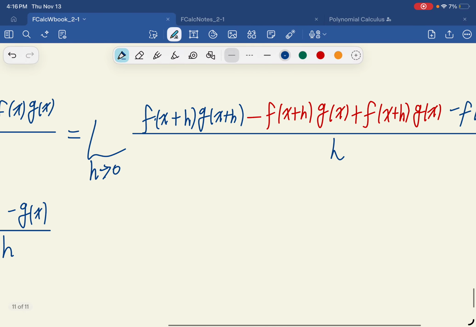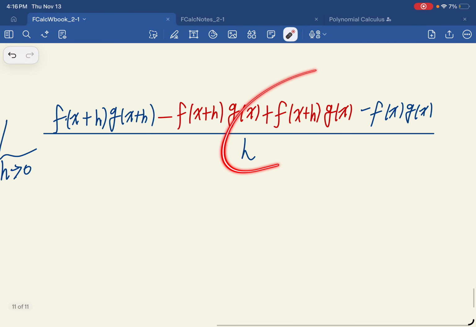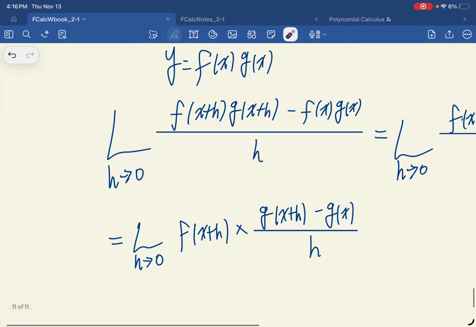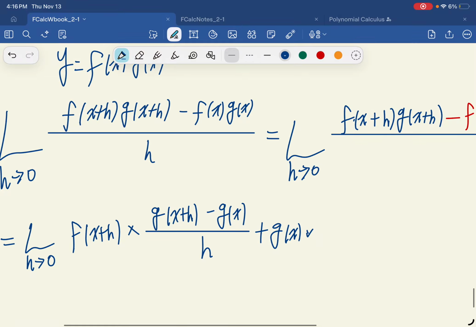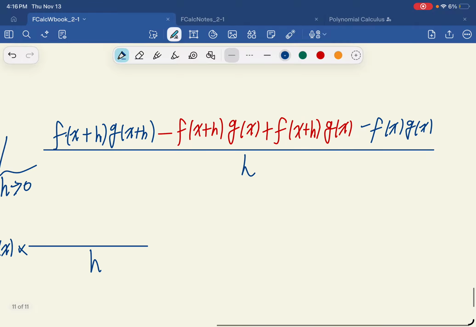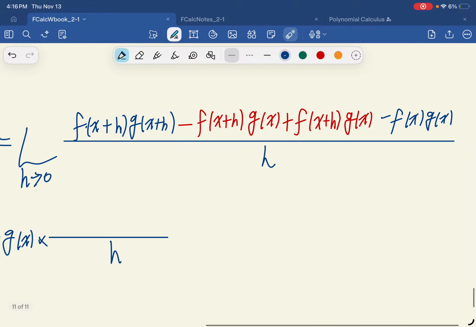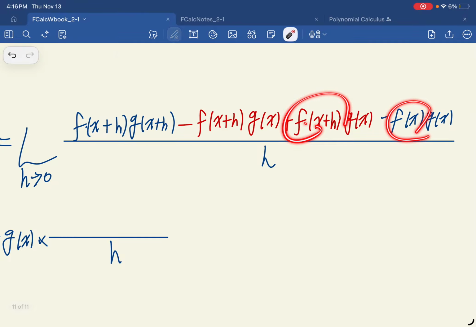Let's group that together. And then for these two, we're going to group it by g of x. So g of x times the numerator is going to be f of x plus h minus f of x, right?